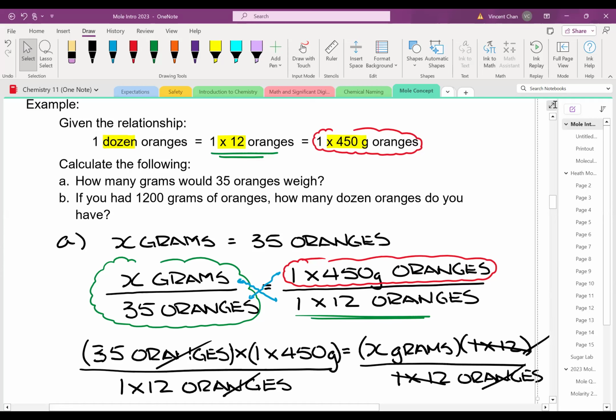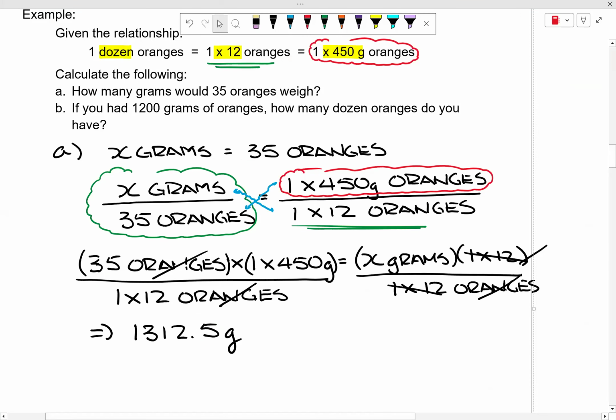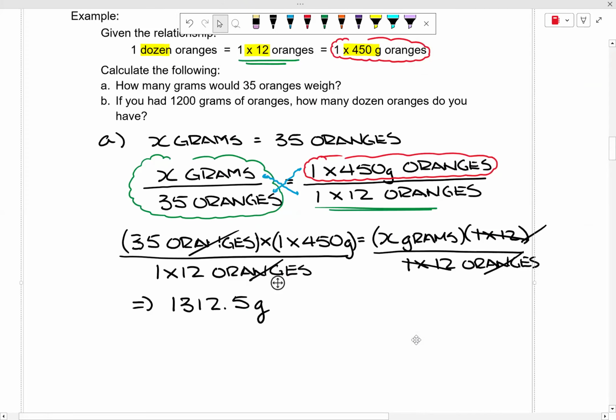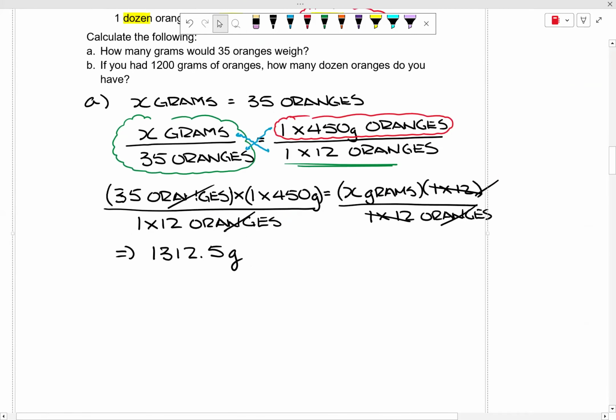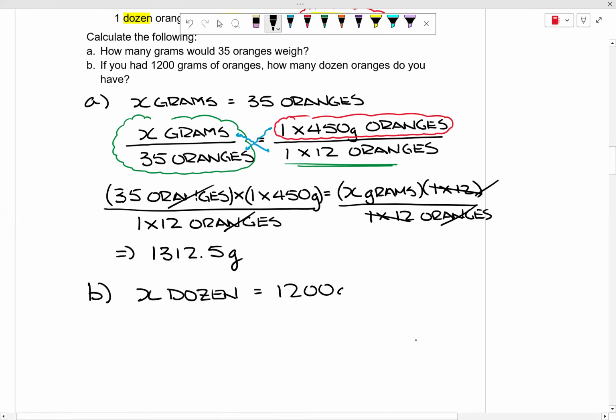In this particular case, the setup is almost exactly the same. So for question B, X dozen would be equal to 1,200 grams of oranges.